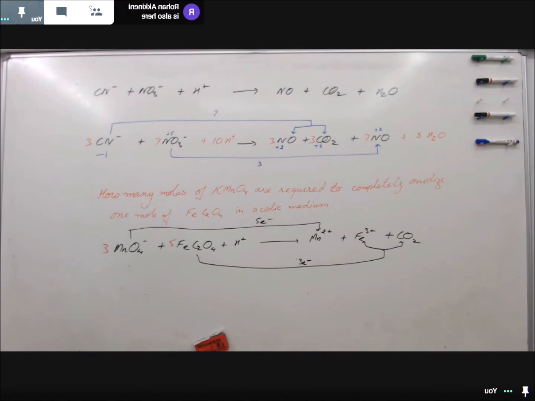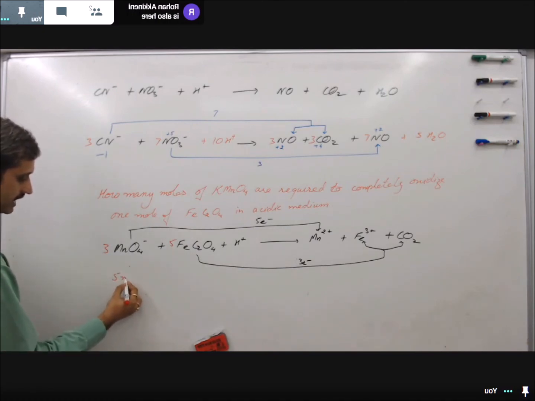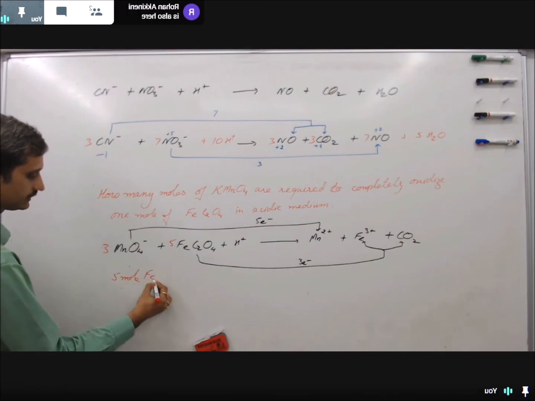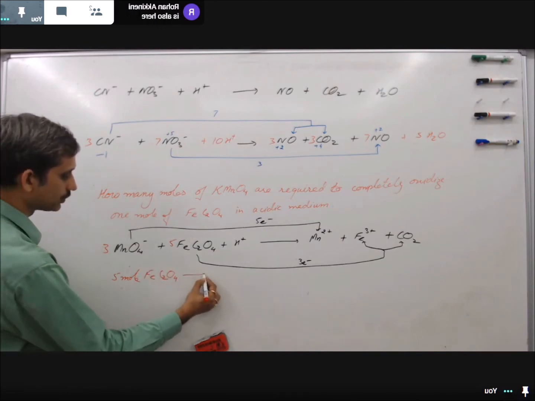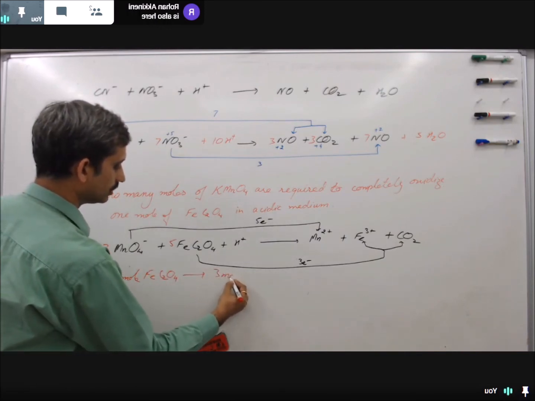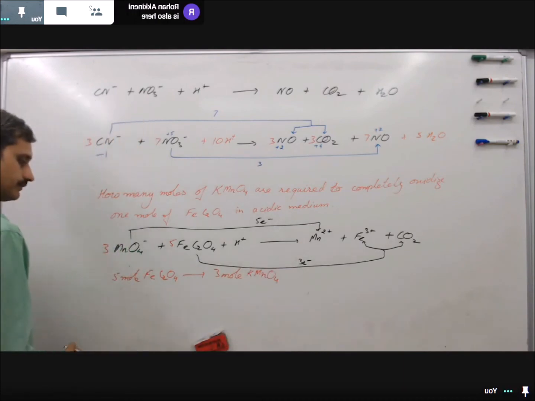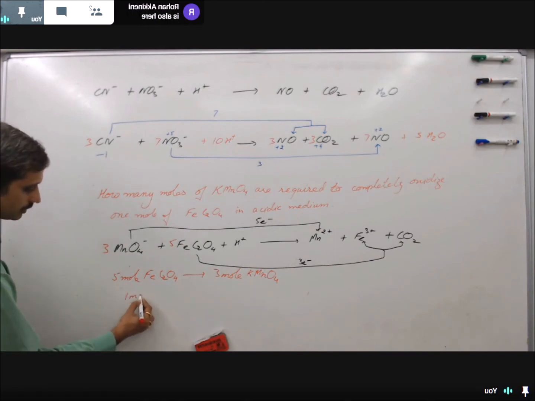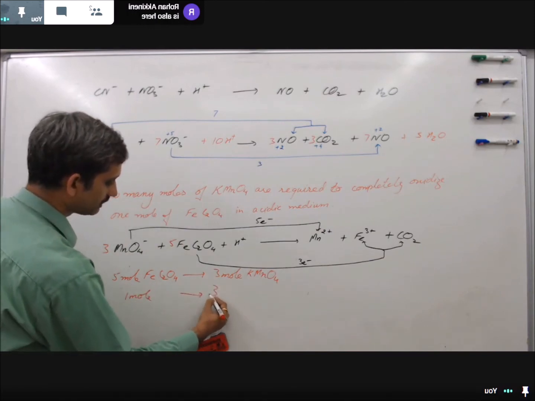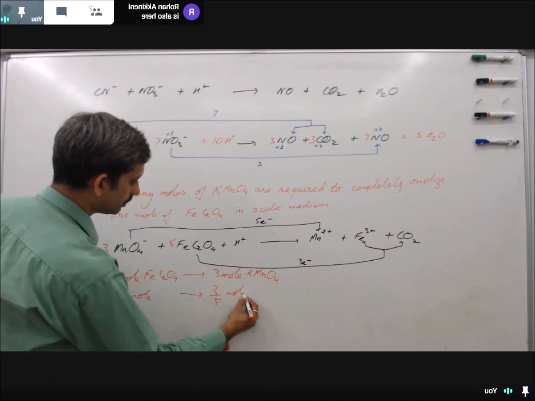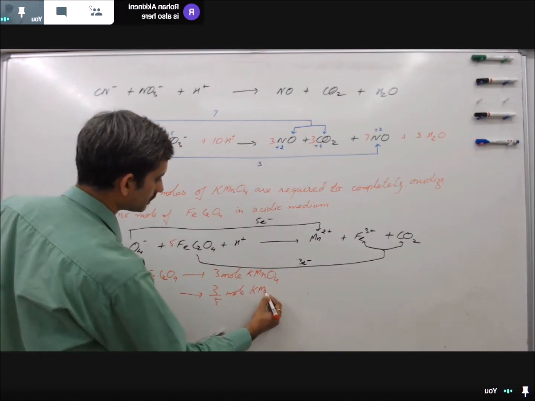And as far as the question is concerned, you don't need to do anything more than this. 5 mole of FeC2O4 will react with 3 mole of KMnO4. So 1 mole will react with 3 by 5 mole of KMnO4.